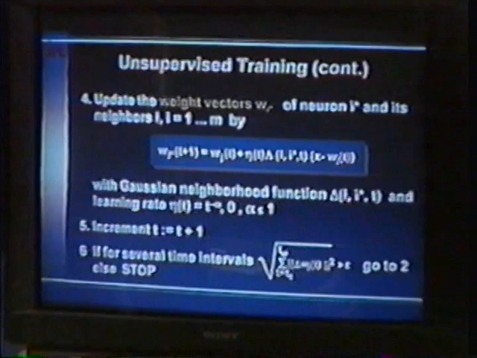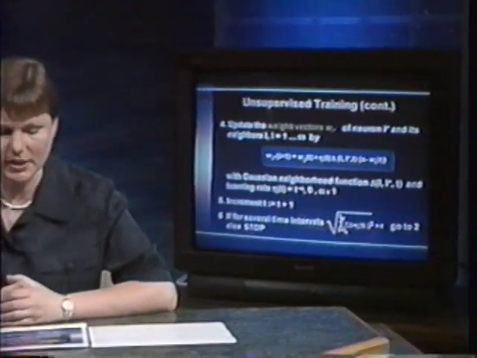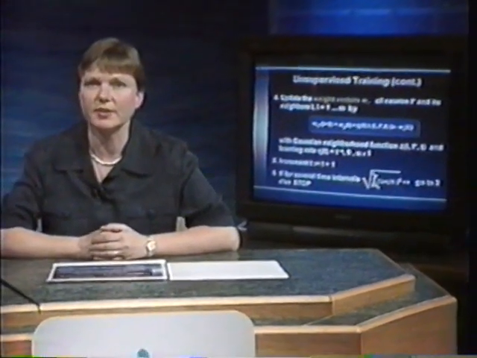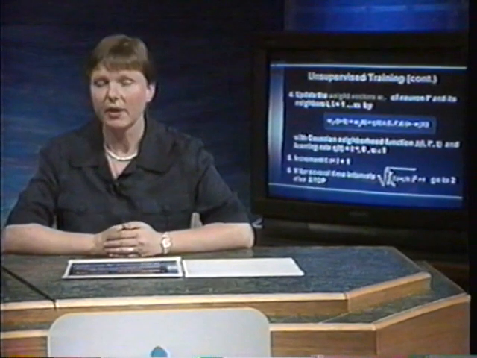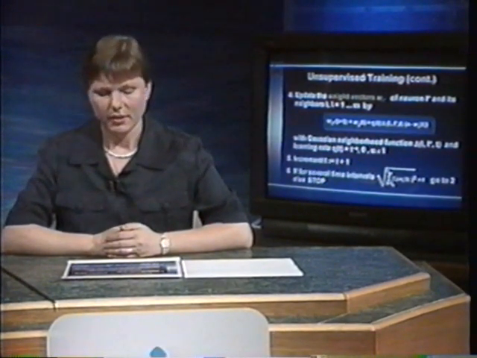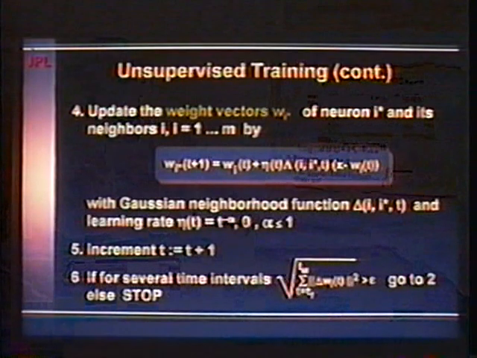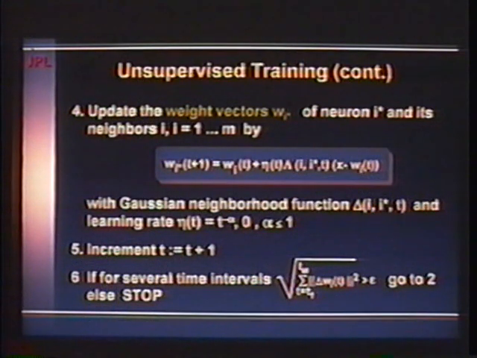We are then going to increment our time step t, and if for several time intervals our algorithm stays stable, our weights do not change, then we are going to stop, otherwise we are going to step 2.